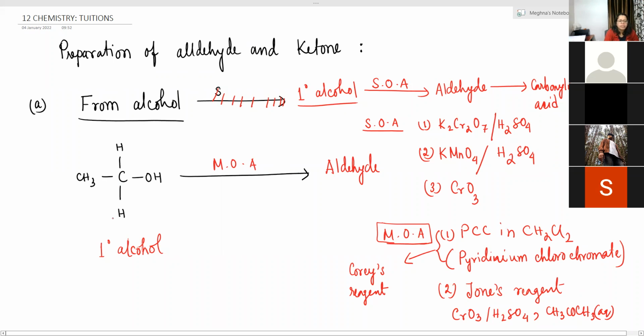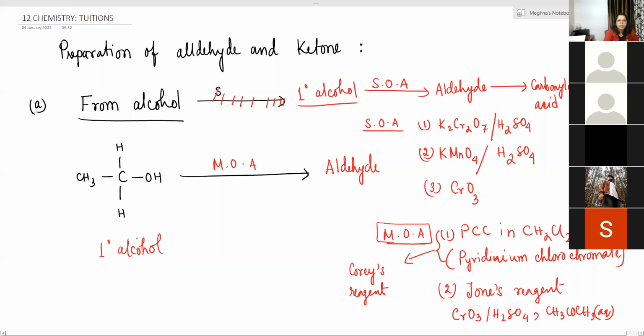Ashmita, can you tell me the name of this 1 degree alcohol? What is the IUPAC name of this 1 degree alcohol? Ethan-1-ol.